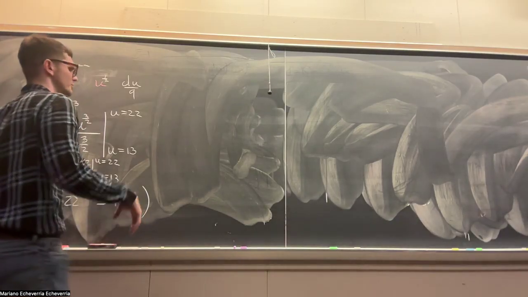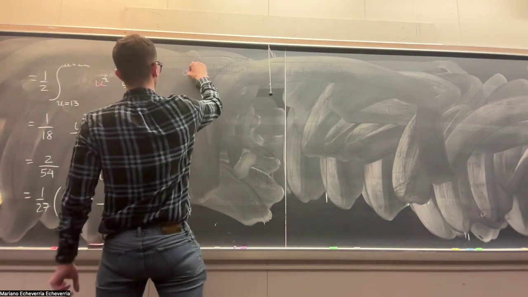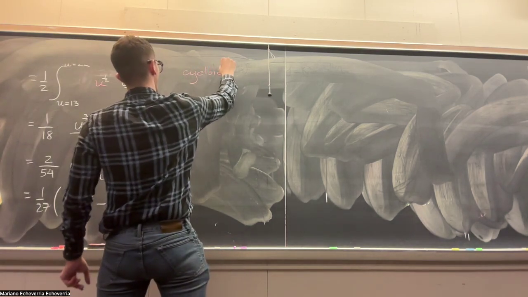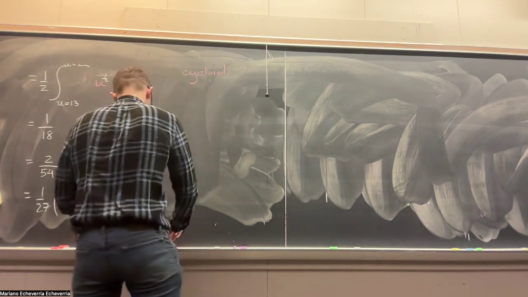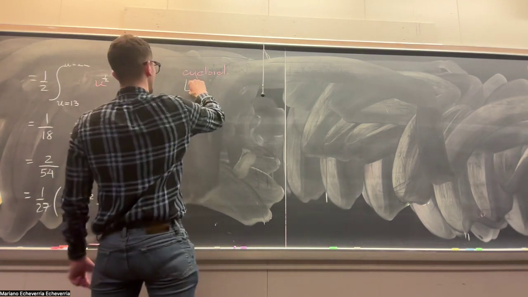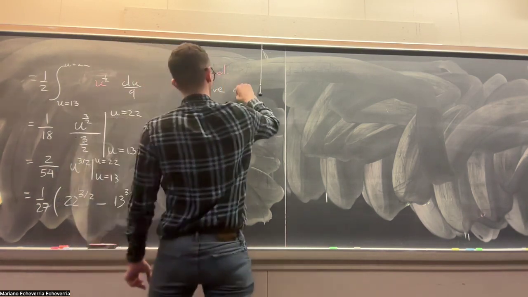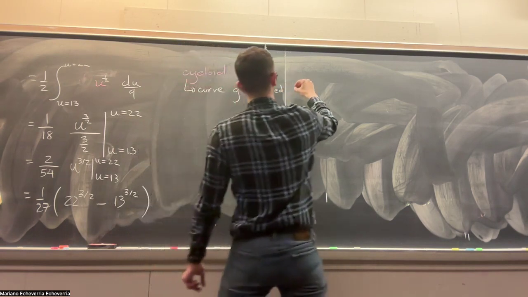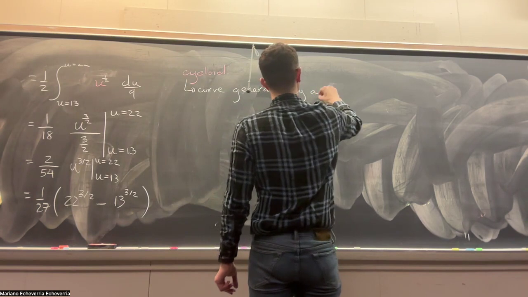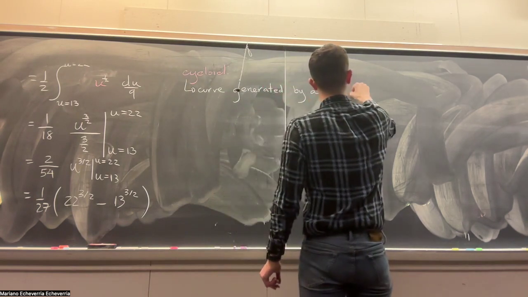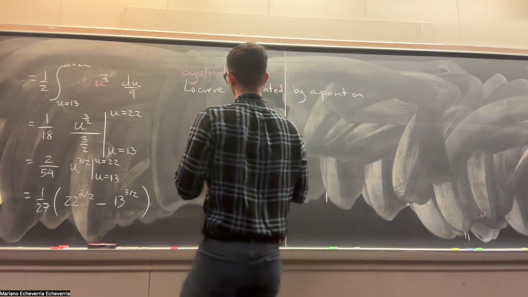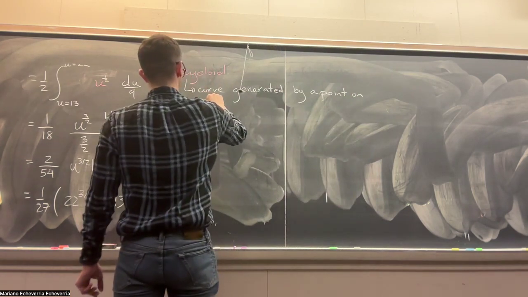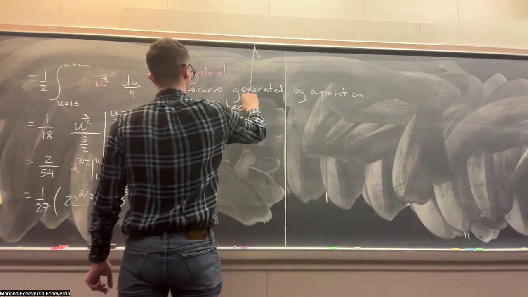So again, just to say a few things about the cycloid. It's the curve generated by a point on the wheel of a bicycle.